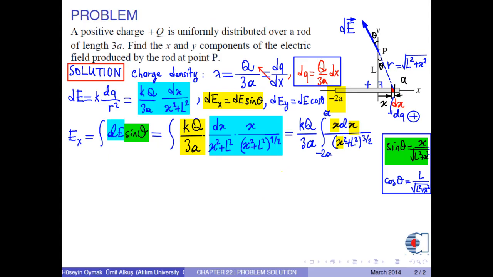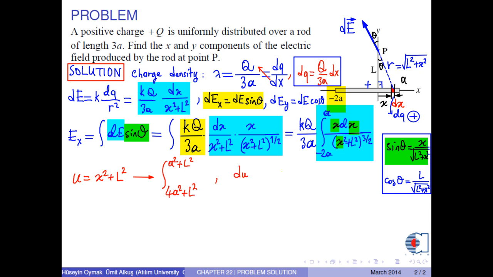One way to calculate this integral is the change of variables. Let u be x squared plus L squared. Then the limits read 4a squared plus L squared and a squared plus L squared. The differential du is 2x dx because L is constant.